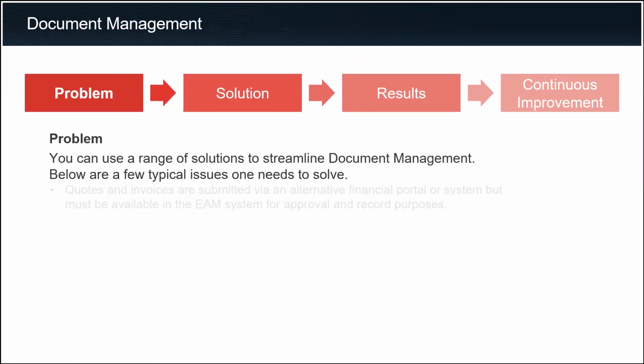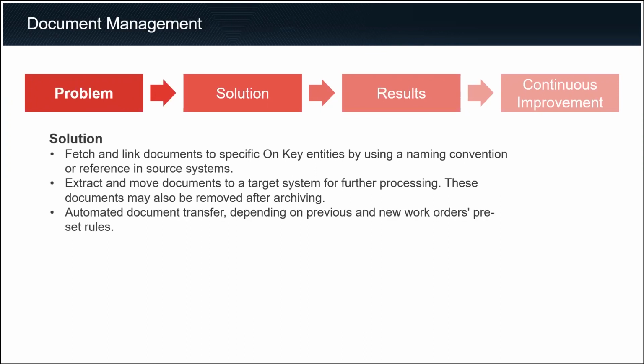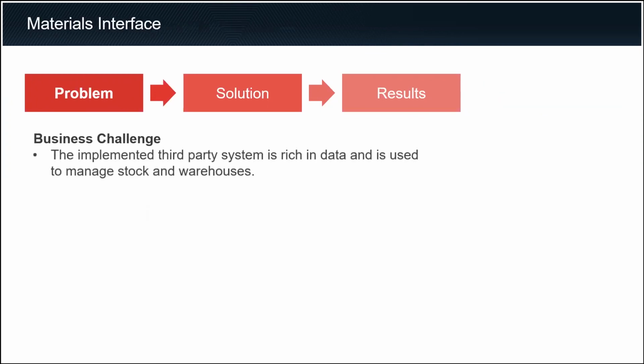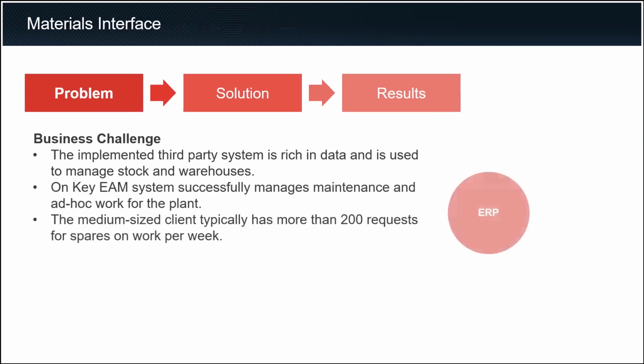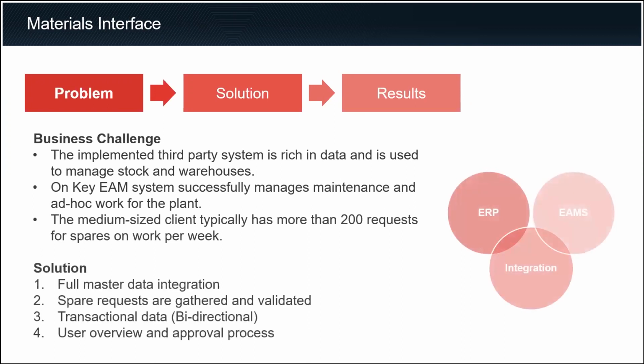Okay, I have one or two other examples that I'm going to skip through for now, and just end off with a general materials interface integration, where the business challenge is really just that we have a third-party system already rich in data, and that was used in the traditional application to application integration sense.